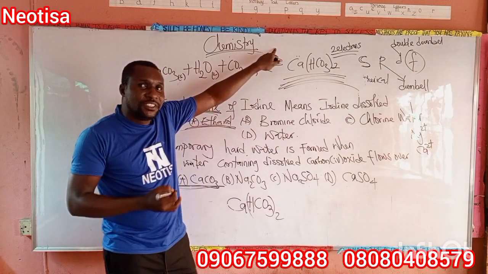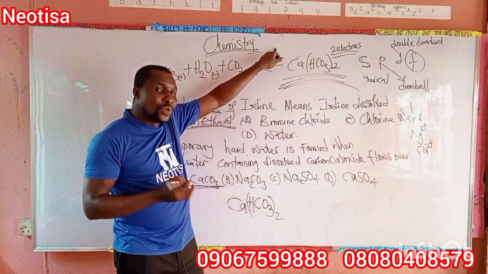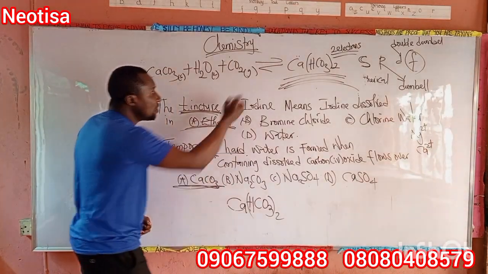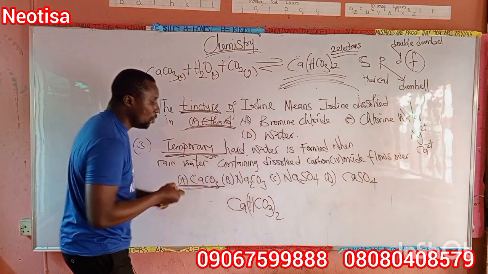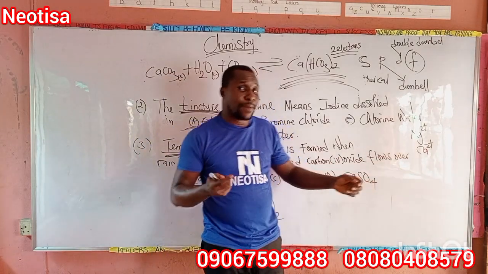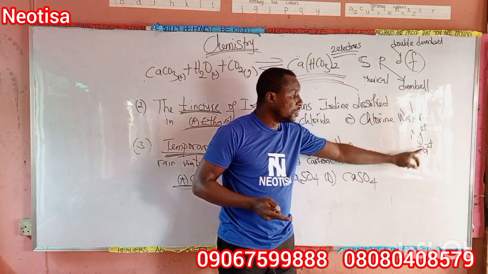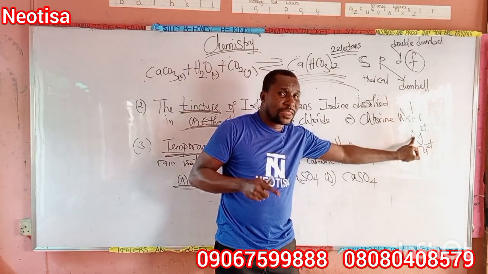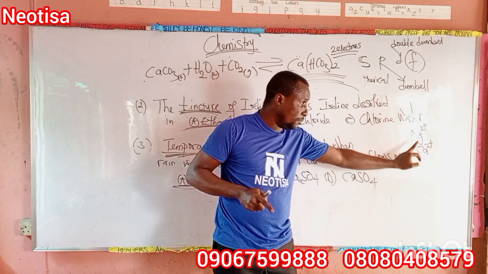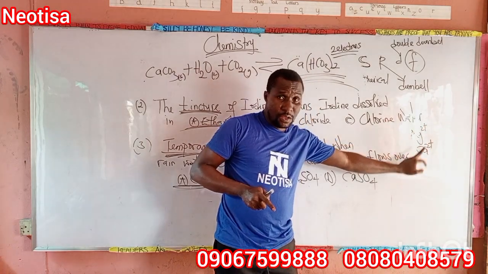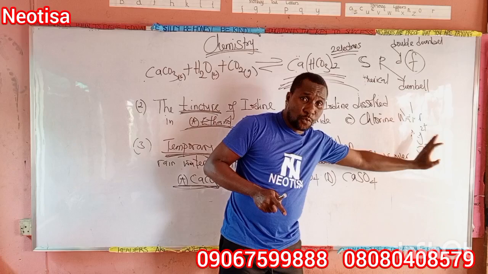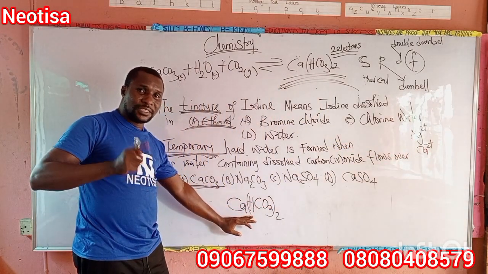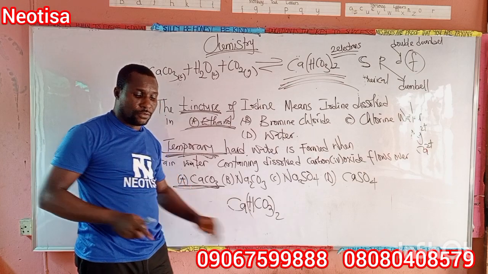The presence of this in water gives what we know as temporary hard water. But with permanent hard water, the presence of magnesium ion or calcium ion causes it, while calcium hydrogen trioxocarbonate(IV) gives temporary hard water. Take note of that question.